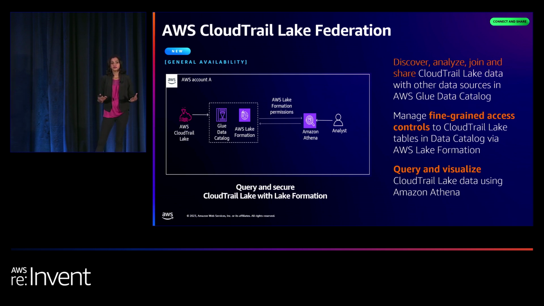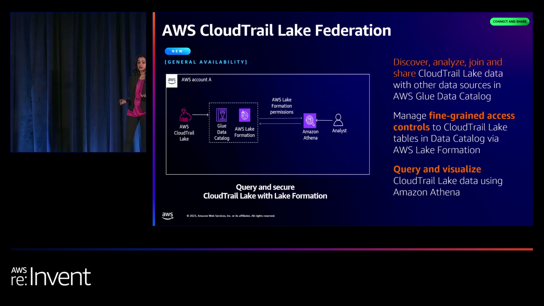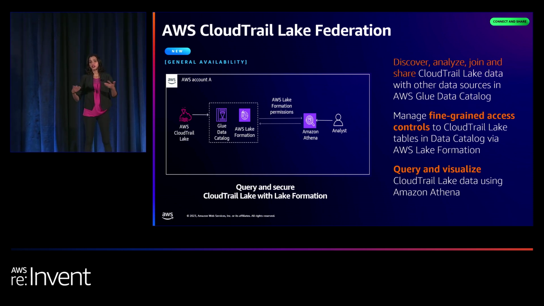Behind the scenes, it would just appear as a native table, and we are able to connect to those data sources and pull them, and they would look and feel like any other native table. So that is the powerful capability we have with CloudTrail Lake Federation, and then you can start querying them through your choice of engine, and Athena is the first one that we have launched for this re:Invent.